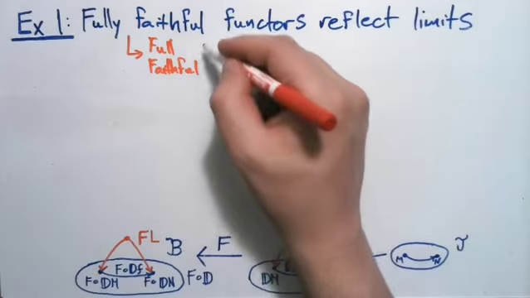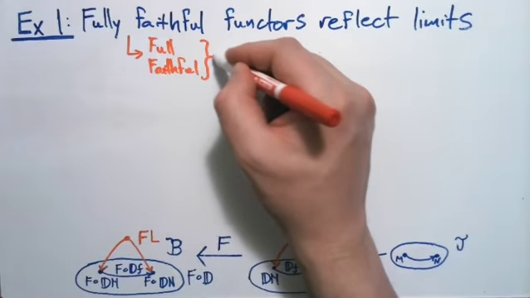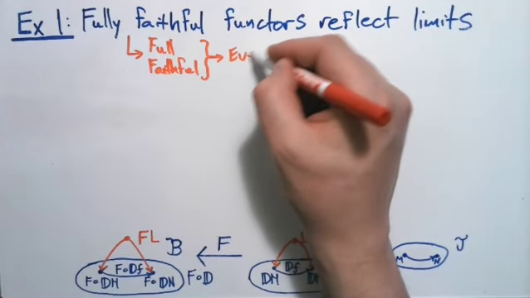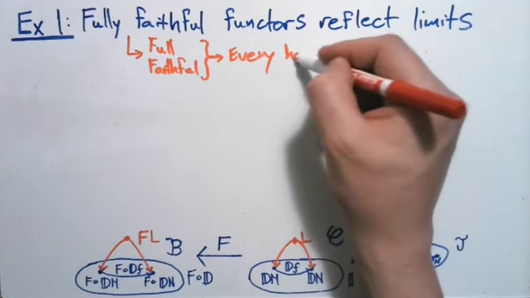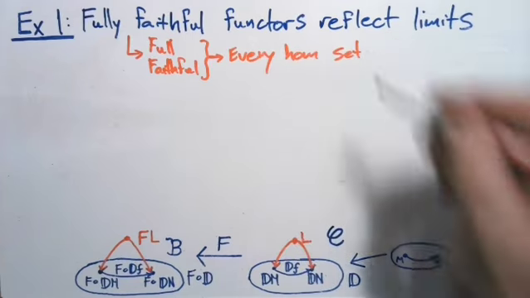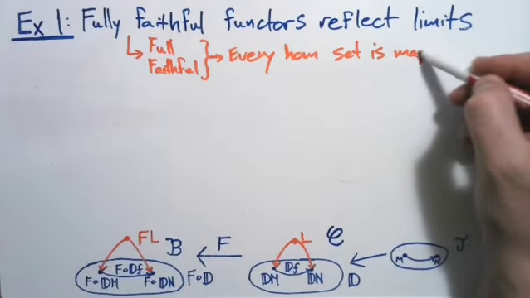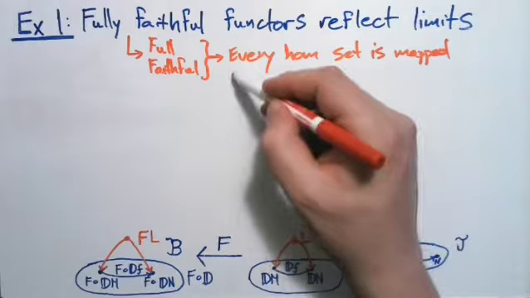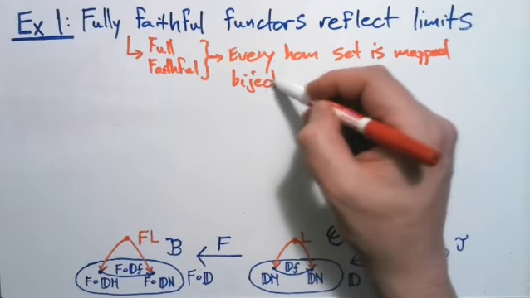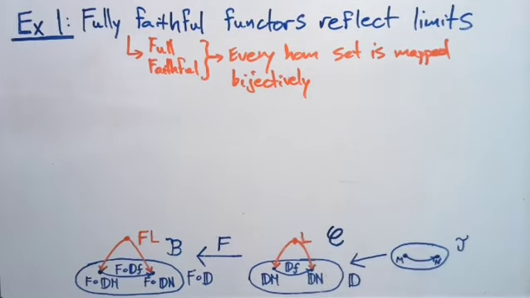What that means is that every hom set in C here is mapped bijectively by the functor. So if you take any hom set in C, then when it gets mapped by F, the morphisms that it gets mapped to in the hom set on this side need to be a bijective mapping.